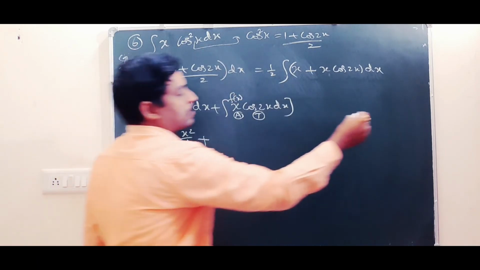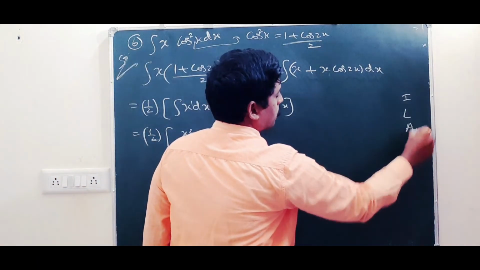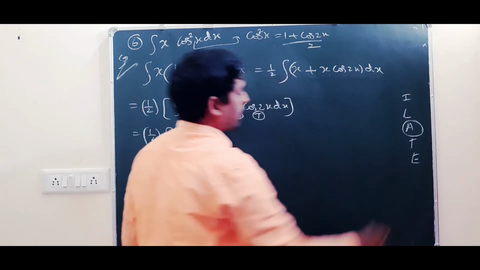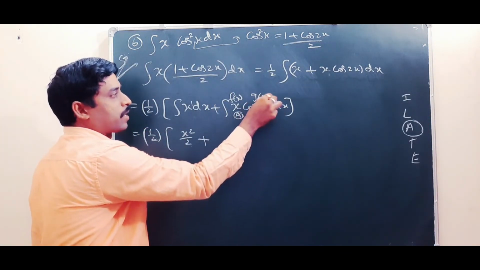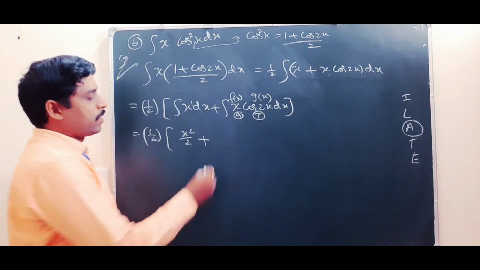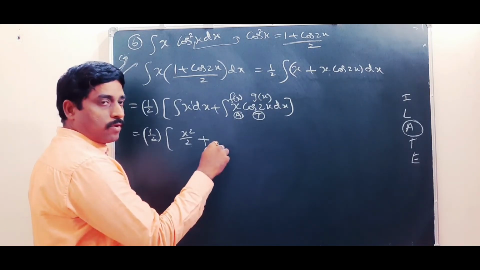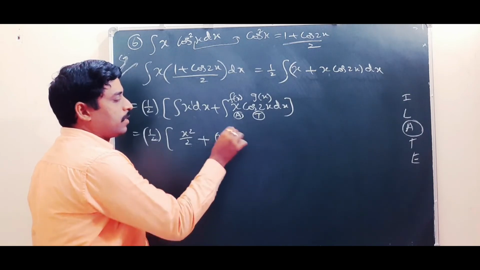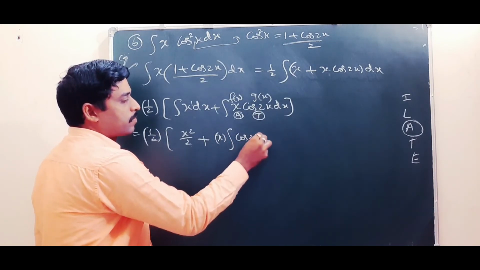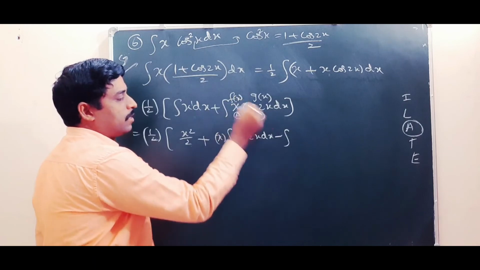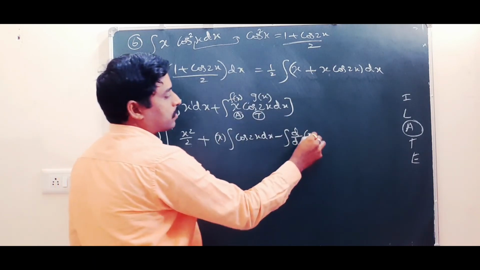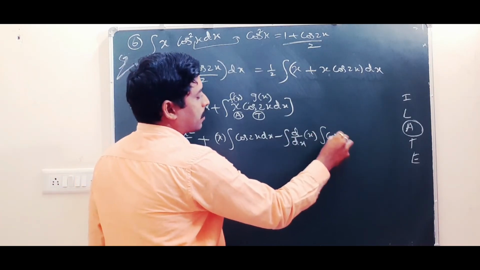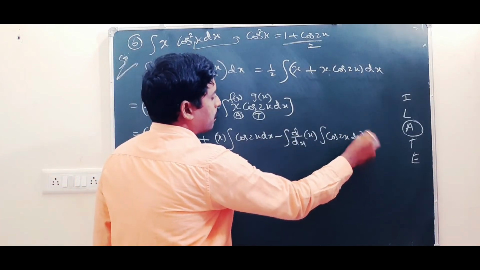The algebra function, from this coding. So let us take f(x) is x, g(x) is cos 2x. Now what is the formula? f(x), the first function, into integration of second function, minus the integral of differentiation of first function into integration of second function, whole integration.